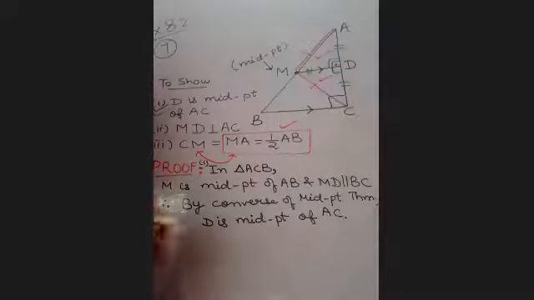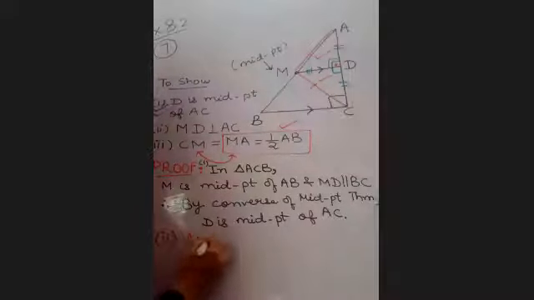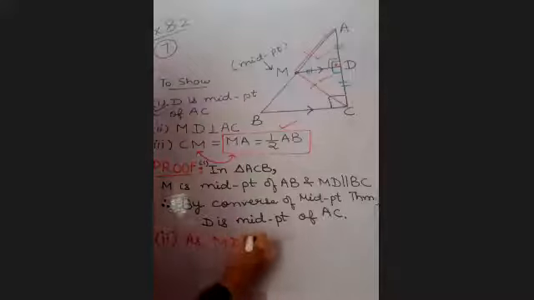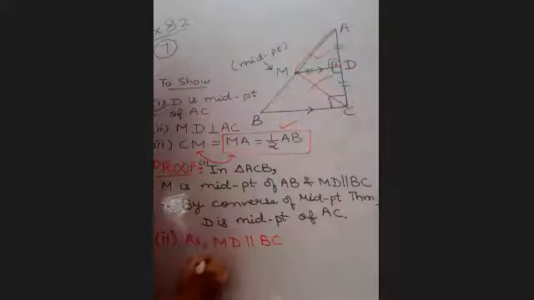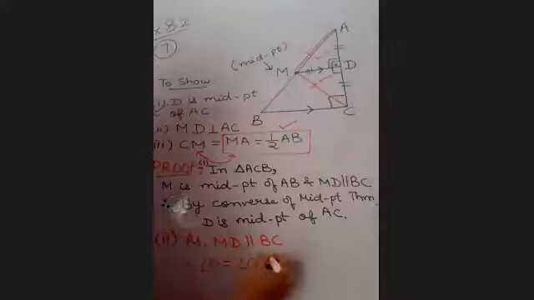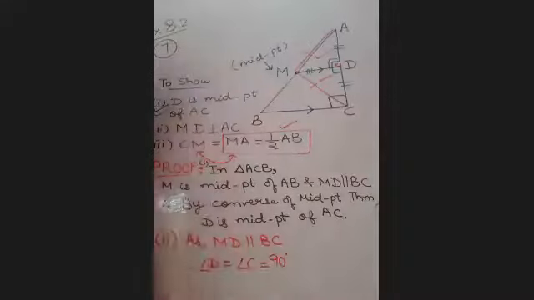Now let's take care of part 2. As MD is parallel to BC, therefore, angle D is equal to angle C, which is equal to 90 degrees.